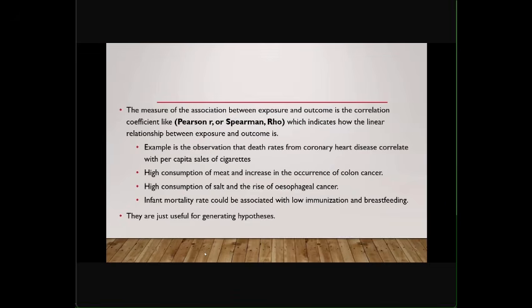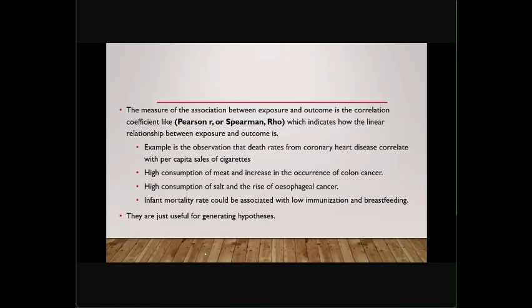From the same data, you've seen high consumption of meat on one side, and because of your health knowledge, or high consumption of salt relates with esophageal cancer.